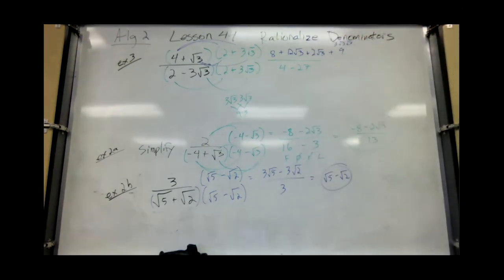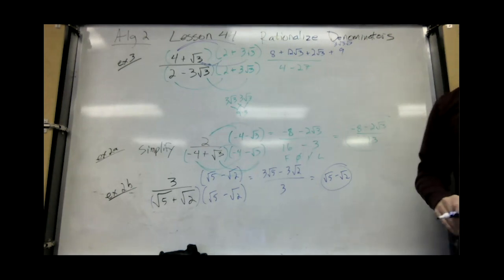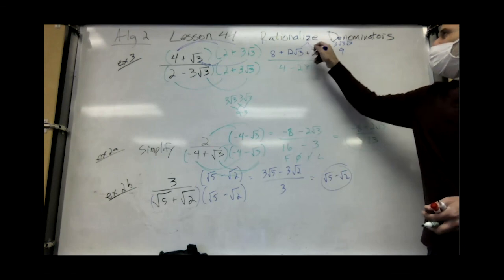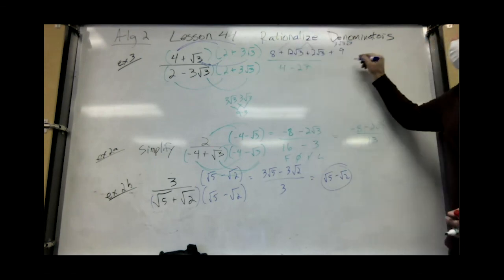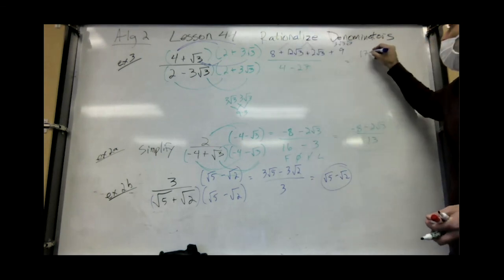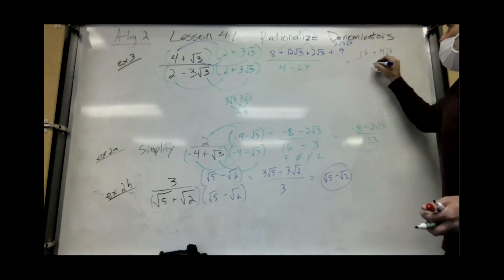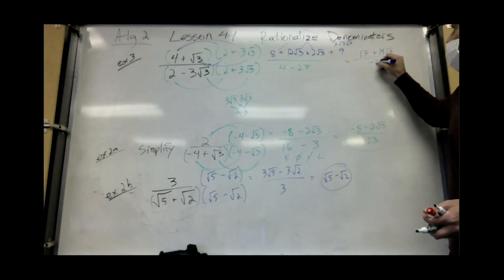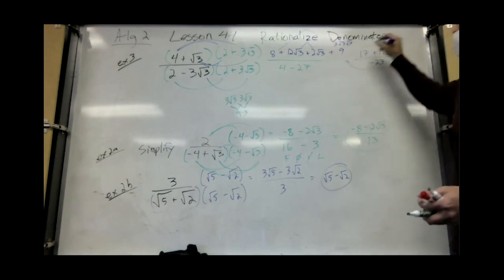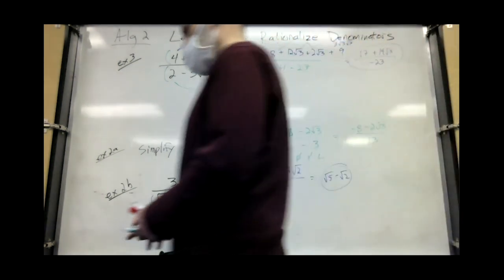So that's 3 times 3, which is 9. Okay, so I can combine like terms. Combine the like radicals and combine the constants. So you get 17 plus 14 radical 3 all over 4 minus 27, which is negative 23. Nice.